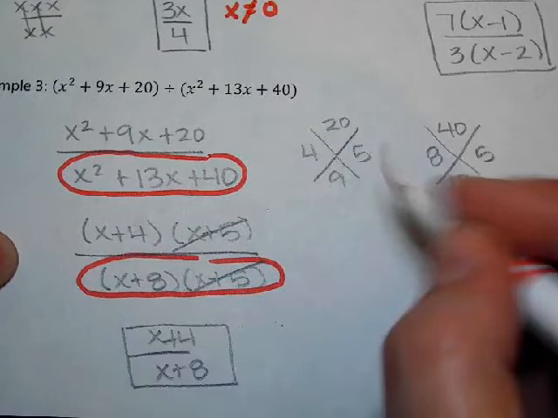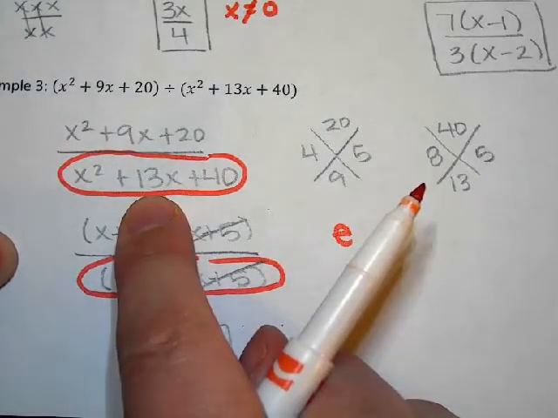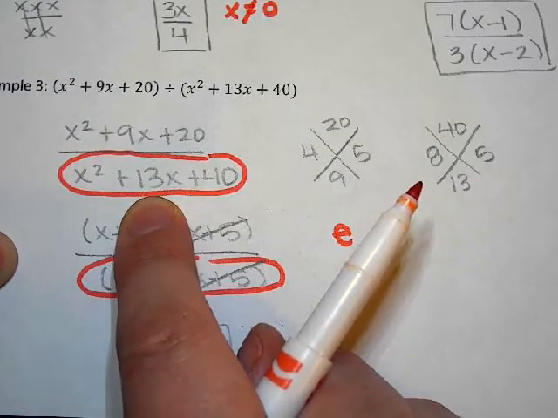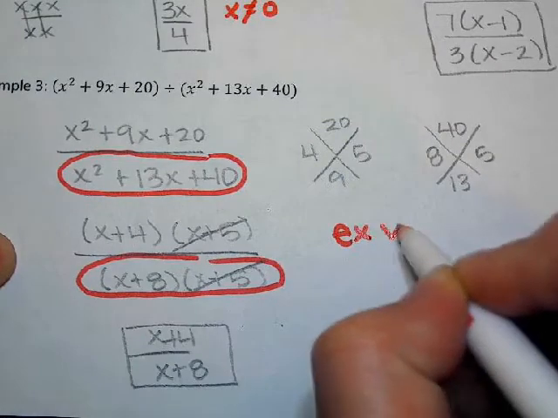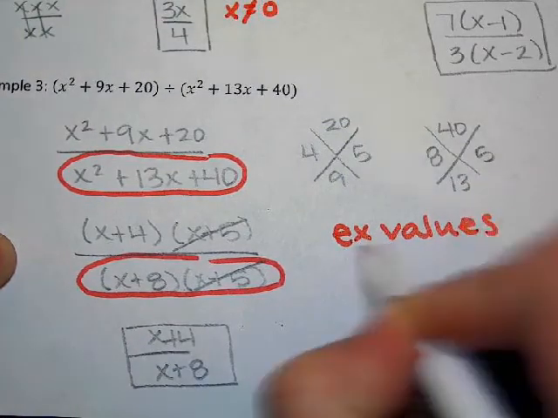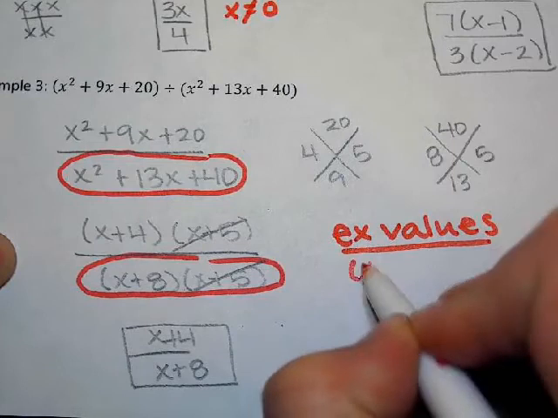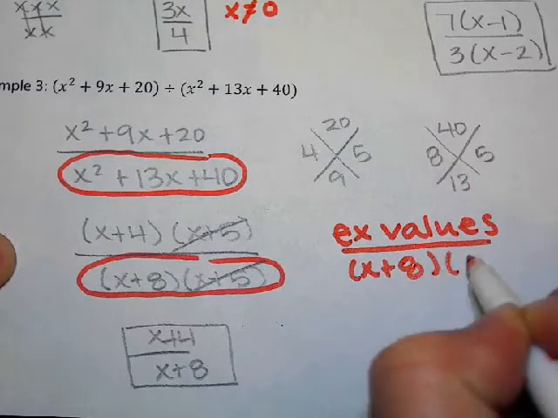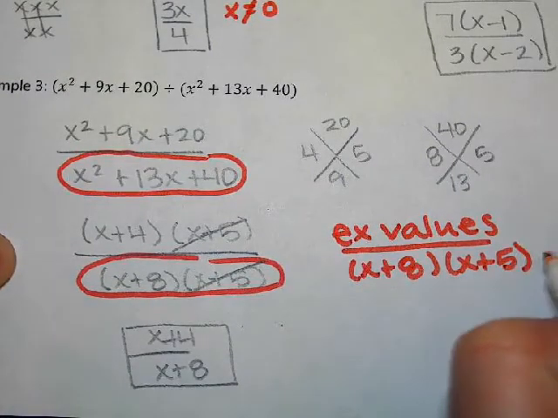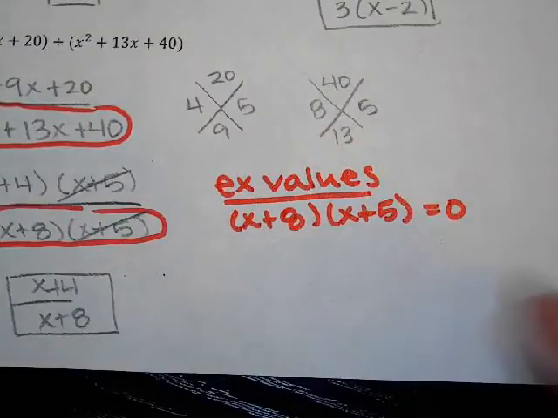So for my excluded values, I'm going to say (x plus 8)(x plus 5) equals 0. And then what are my two excluded values? -8 and -5.